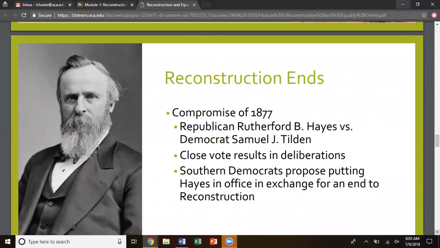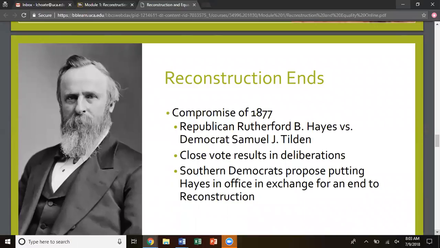So as these two men run against each other, when they take the vote, it will be too close to tell who actually won this election. And so this will result in deliberations. And when there are deliberations over a presidential election, that's the job of the House of Representatives. So the House of Representatives creates a committee that will decide which of these two men won the election.